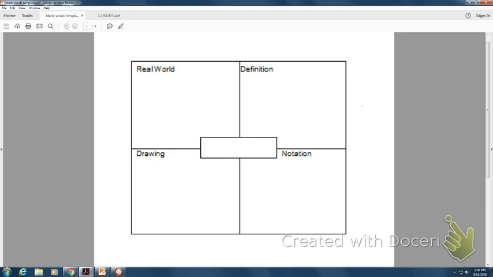Two angles whose sum is equal to 180 degrees. Okay, and the word was supplementary angles. Okay, our drawing, you could have just a straight line, angle 1 and angle 2.